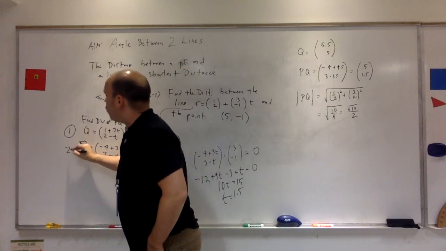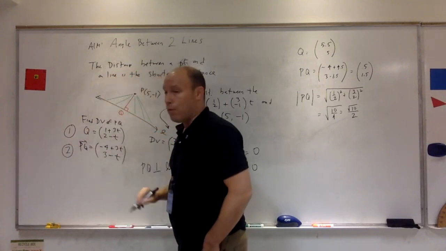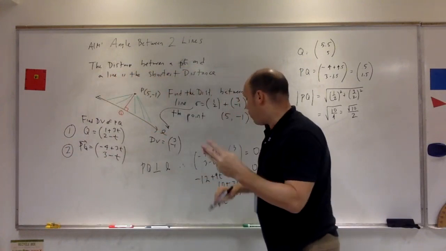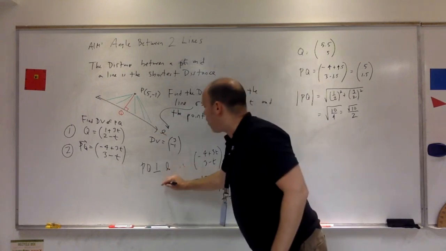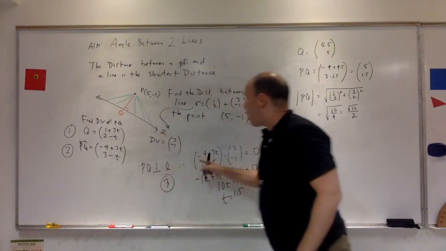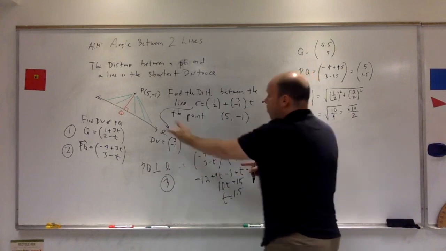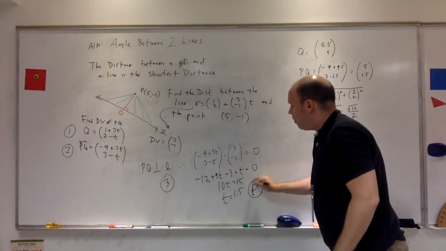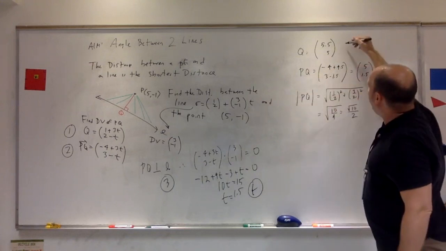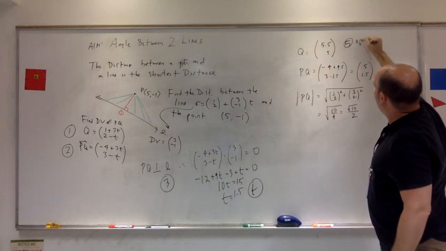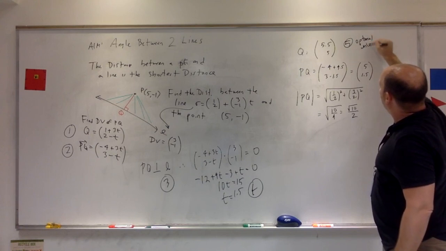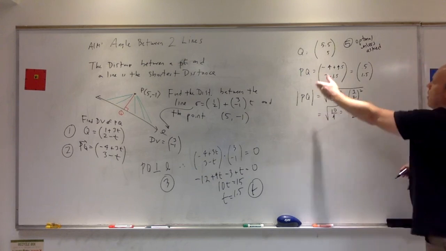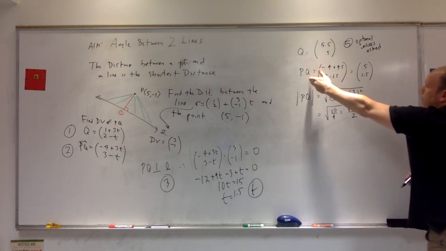Second, draw the direction vector from P to Q. Third, because it's perpendicular, do the dot product with the direction vector of the line, set it equal to 0. Solve. You can find the point, this is optional, unless asked. Find the distance, and then take the magnitude.